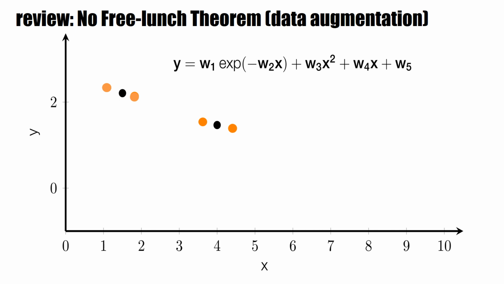Another possibility to implement an inductive bias is to say, well, I only have 2 data points, but I sort of know, for example, for radioactive decay, that the whole thing is very smooth and decaying over time.